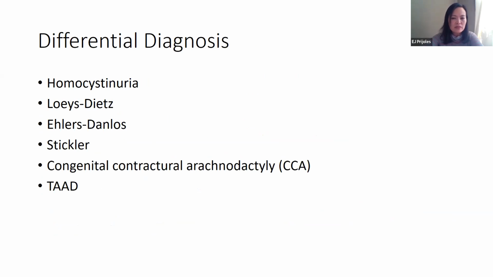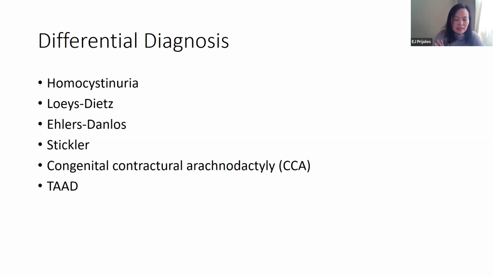Okay, so a lot of times individuals may have features of Marfan syndrome, but maybe their genetic testing was normal. And remember, there is a broad differential that can include homocystinuria, Loeys-Dietz syndrome, Ehlers-Danlos, Stickler, congenital contractural arachnodactyly, or some families might just have thoracic aorta aneurysm and dissection.